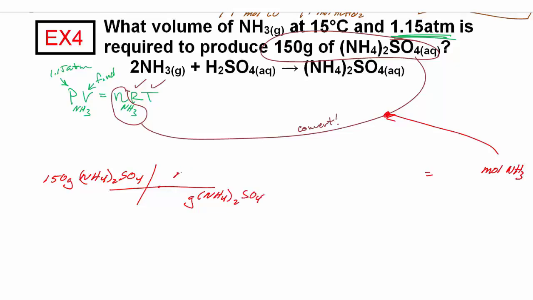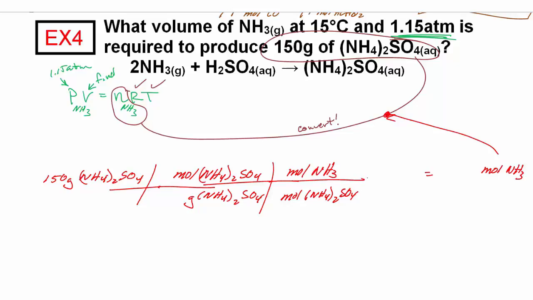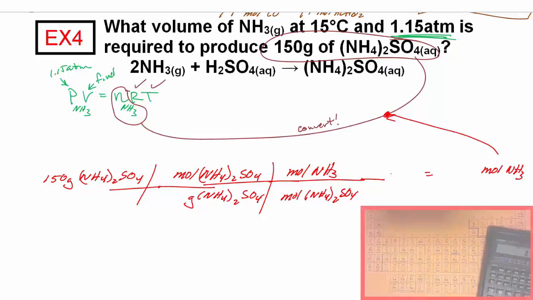So that means molar mass of ammonium sulfate. Okay, then I can use my mole bridge and then that's where I want to stop. I don't want to go to grams of ammonia.